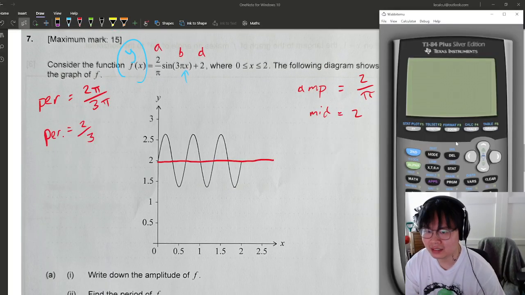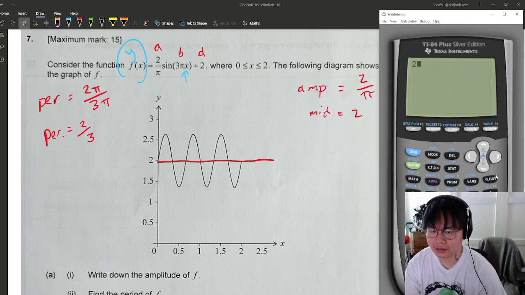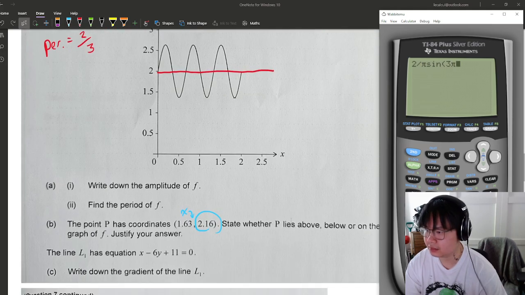I don't know. Why don't I just do this? Okay, first radians. 2 over pi sine 3 pi, 1.63. Can I do it like this? And plus 2. Sure.